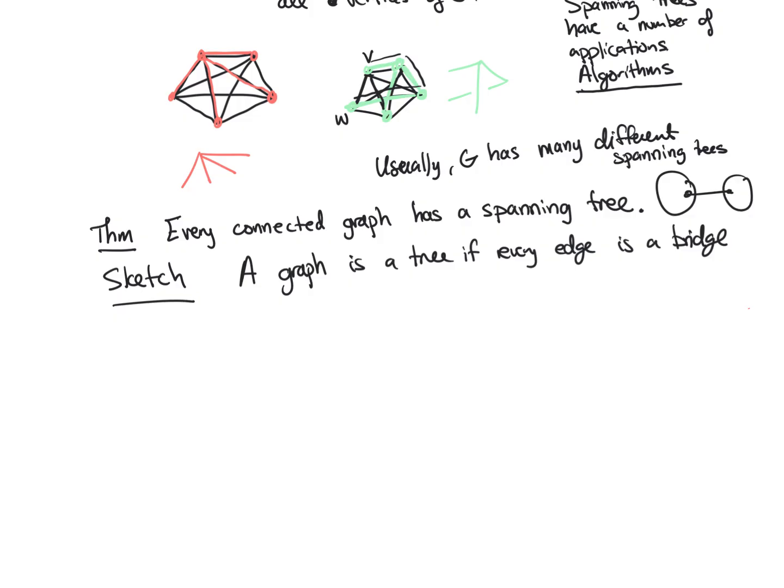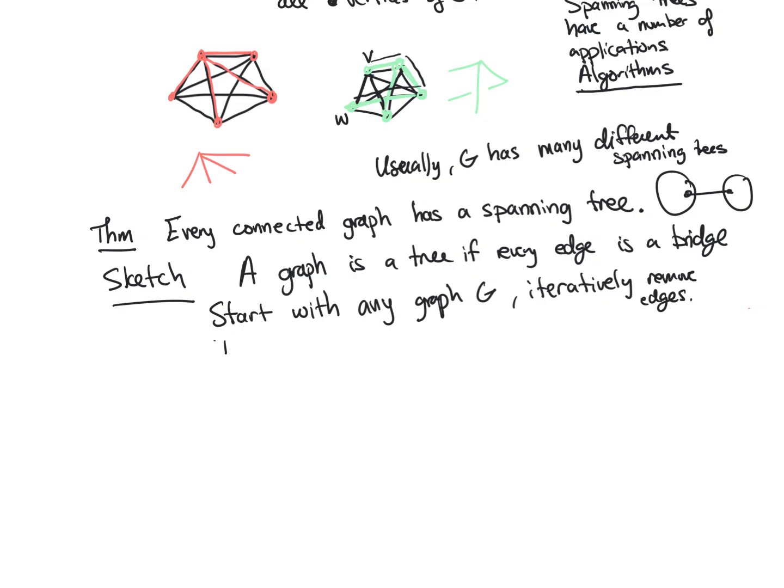So if we start with any connected graph G, we're going to iteratively remove edges. And the edges that we remove are just the edges that are not bridges.